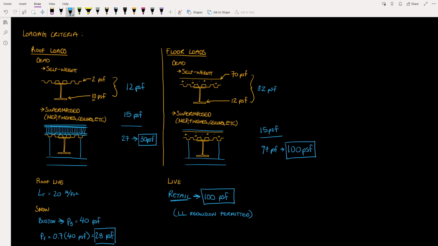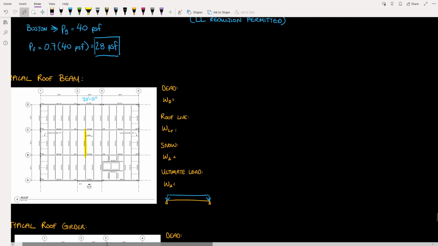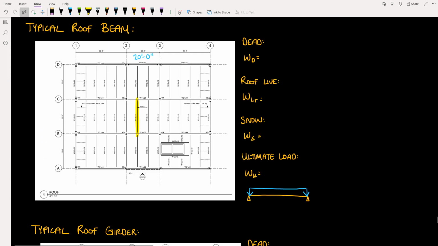So with that loading criteria in mind, let's now trace these loads through the structural members, starting with the roof beams. And you can see I've picked out a typical roof beam here in the middle. As we saw in the previous video, the tributary width of this beam is going to be equal to the beam spacing.